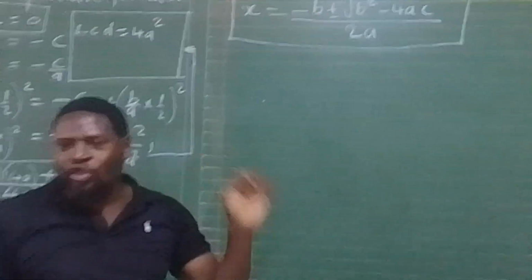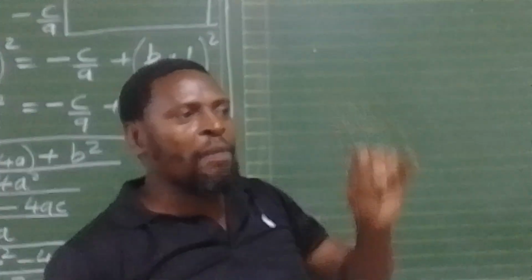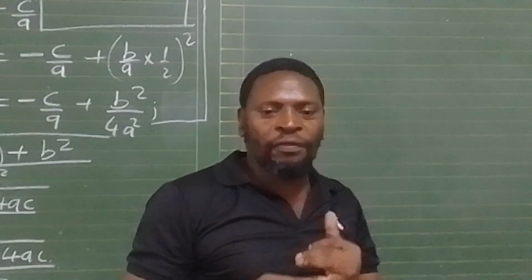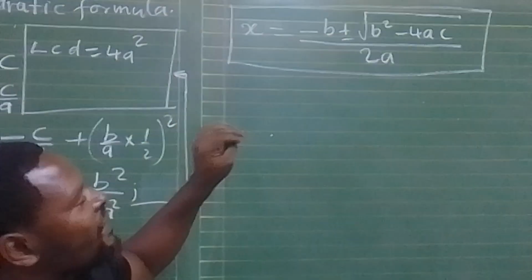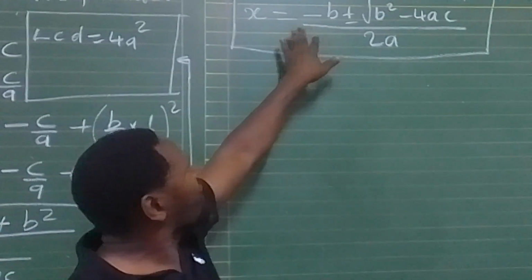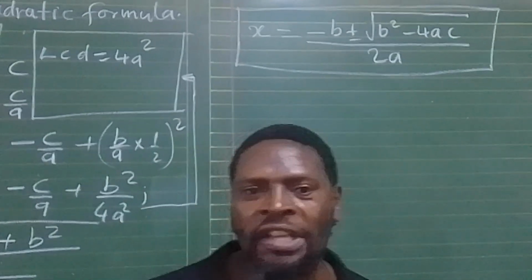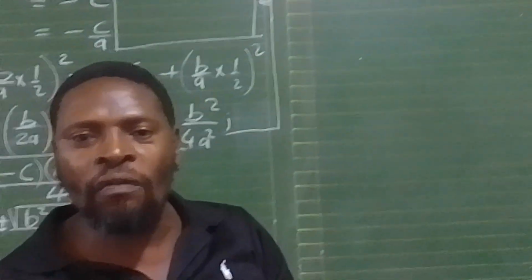Now, why do we have to use this? Remember, we are going to use it when we have a problem of factorizing. If you find that you can't find the factors, then you are going to resort to x equals minus b plus or minus the square root of b squared minus 4ac, all over 2a.